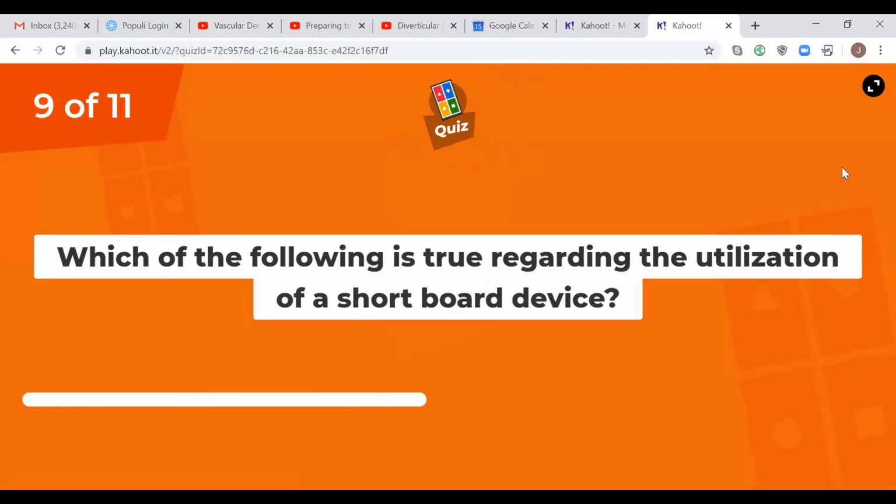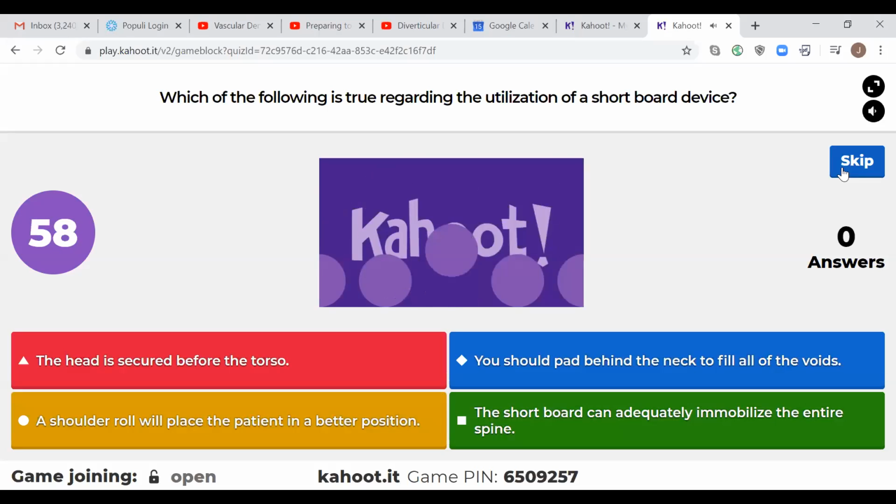Which of the following is true regarding the utilization of a shortboard device?